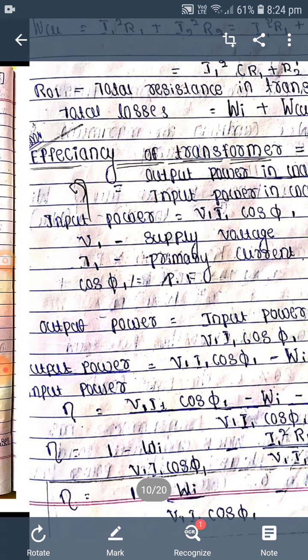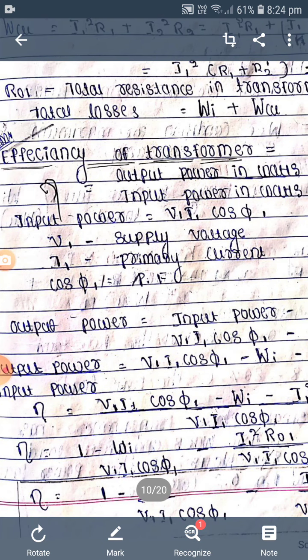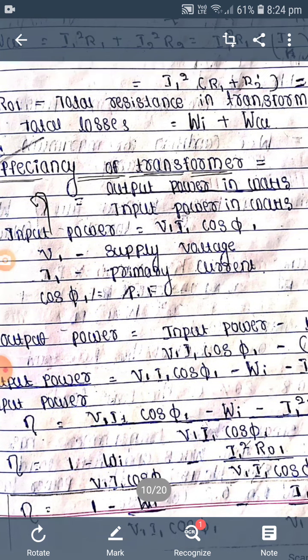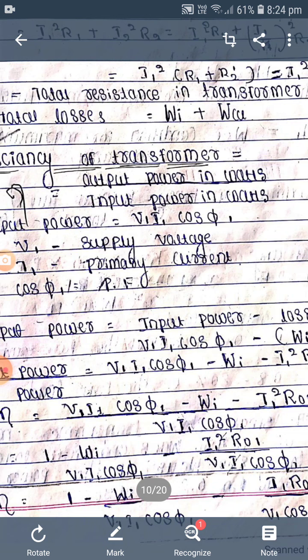Then efficiency is equal to 1 minus Wi by V1 I1 cos phi, minus I1 square R01 by V1 I1 cos phi.